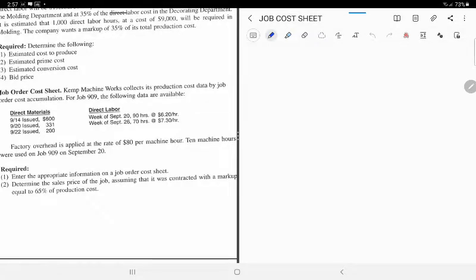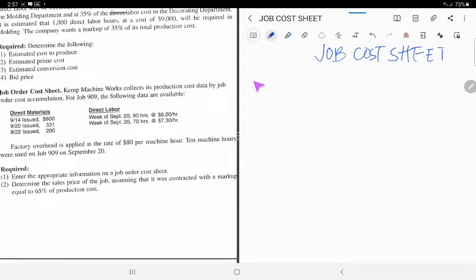Hello students, so we are going to prepare a job cost sheet. Let me introduce first the format of the job cost sheet. Normally, you would of course be including the title. And you may either choose a vertical or a horizontal presentation.